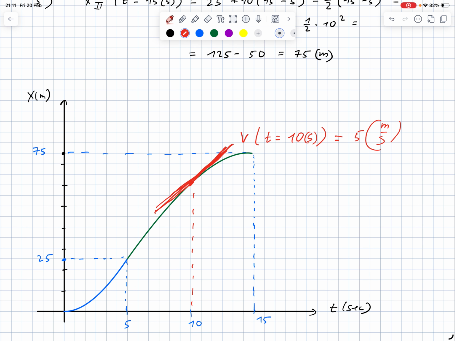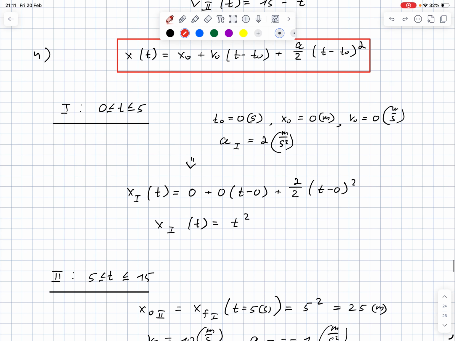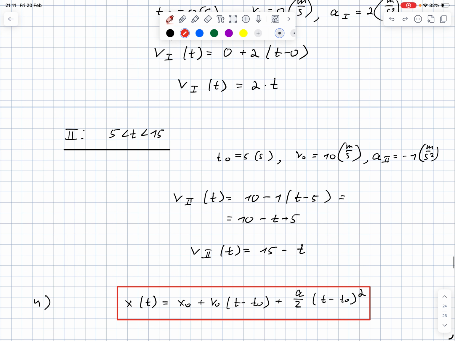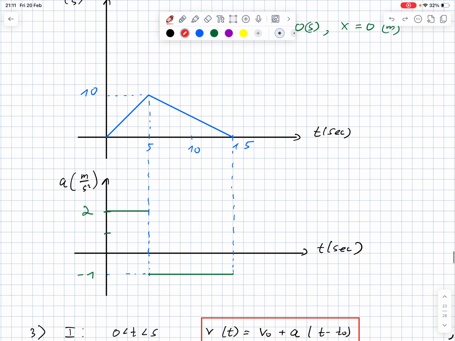This is the instantaneous slope. Now, if you look at the final point in time, when t equals 15 seconds, the velocity, if you go to the graph or to the function and substitute t with 15 seconds, you will get the velocity 0 meters per second. Or you just go to the graph, because the graph is given.